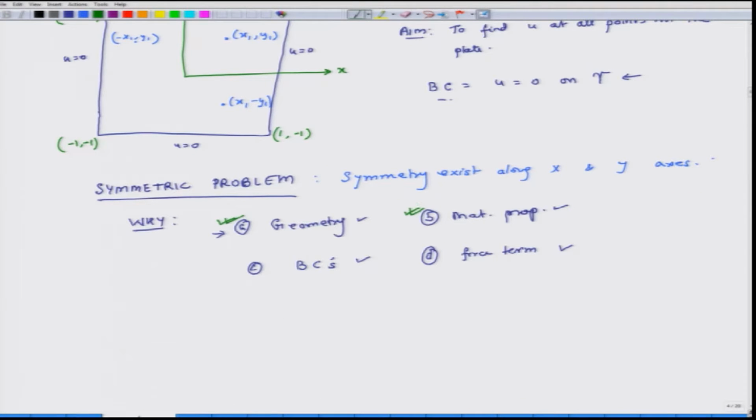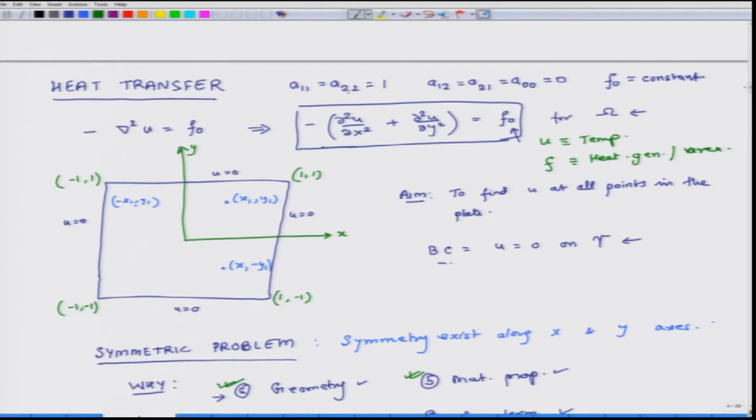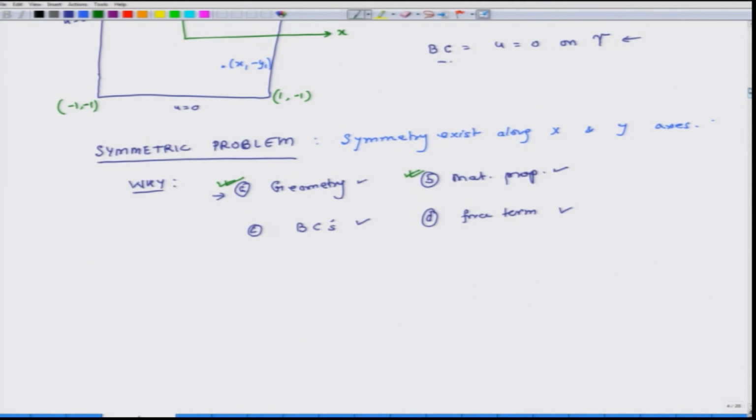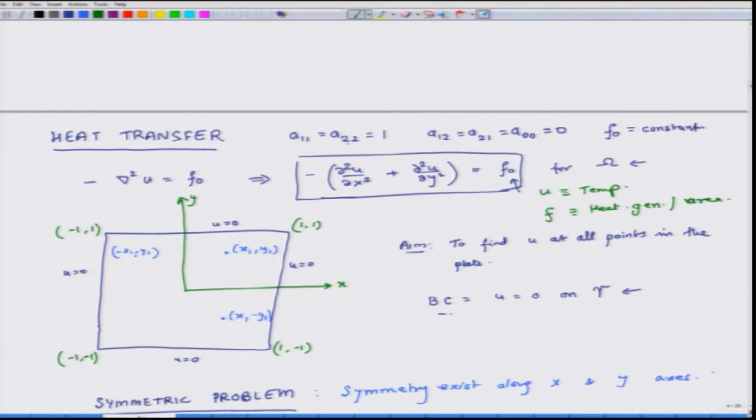Third condition, boundary conditions should be symmetric. What do I see? U is 0 on the top edge and U is 0 on the bottom edge. So, boundary conditions are also symmetric. And the fourth condition is the force term. Force term is F naught, and the value of F naught is the same. It is not a function of x and y, it is a constant.